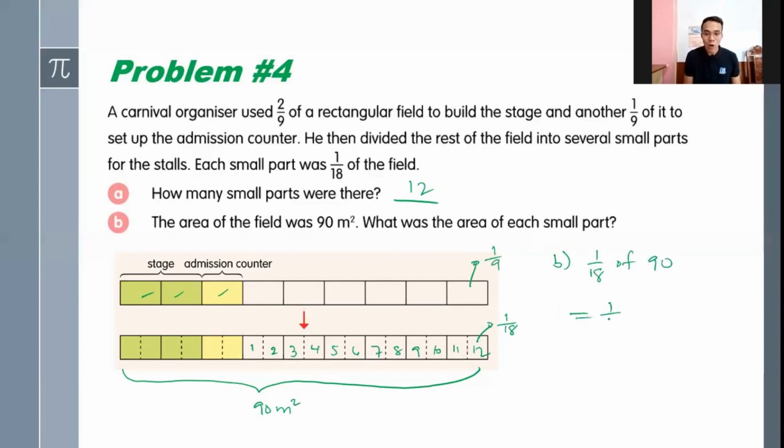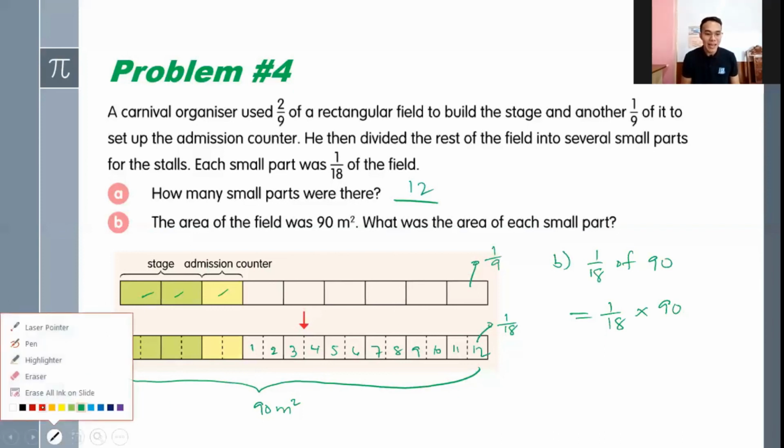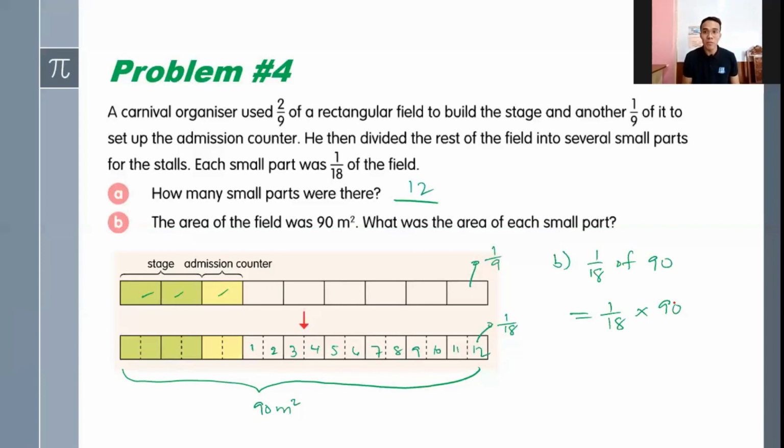And 1 over 18 of 90 is the same as 1 over 18 times 90. Okay? And 90 is divisible by 18. 90 divided by 18 is 5, and 18 divided by 18 is 1. Therefore, our answer is 5. And the correct unit here is meter squared.